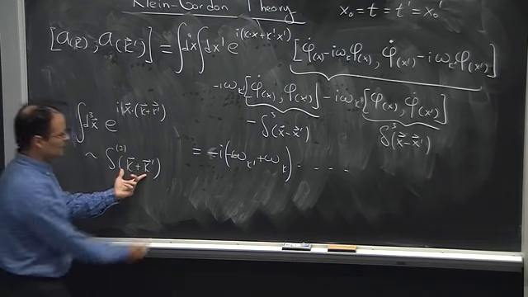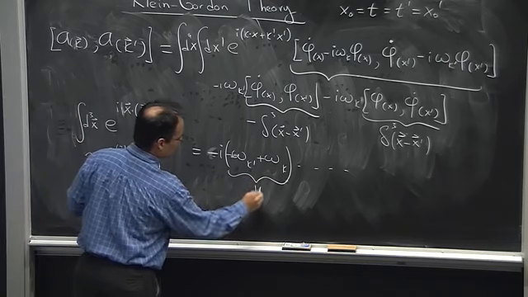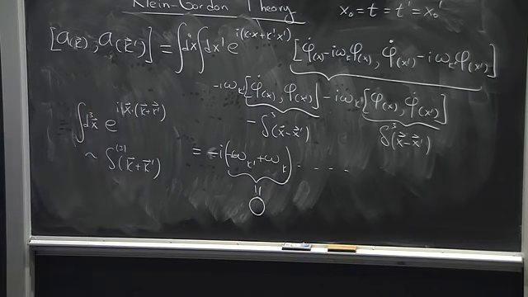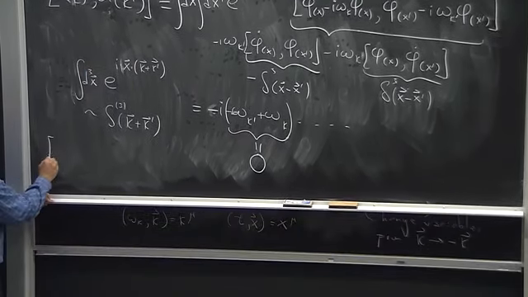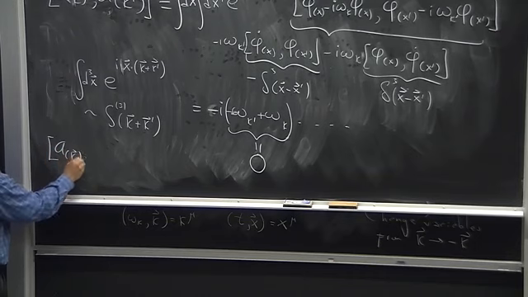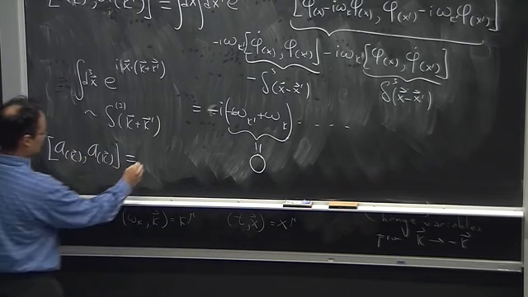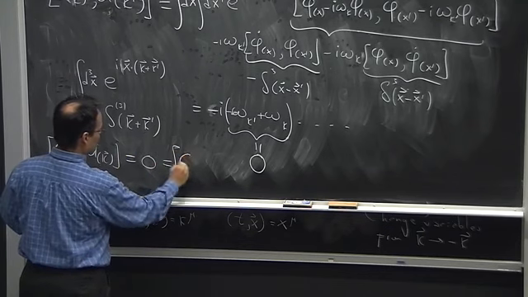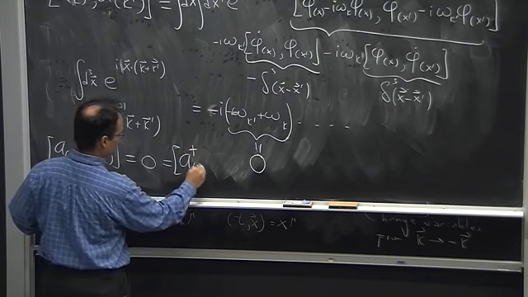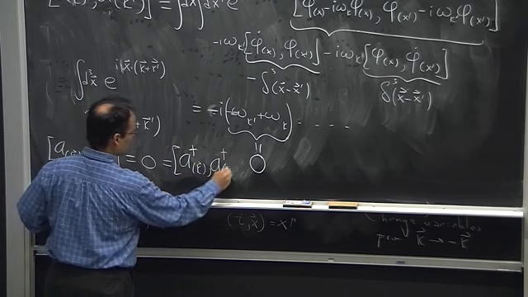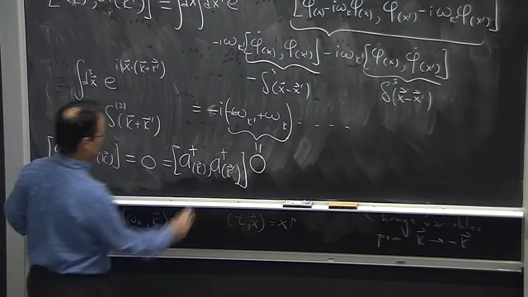But on the support of this delta function, this is equal to 0. So we just learned from this little exercise that these two operators are indeed behaving as we expected. And the same calculation will show that these operators behave in the same way.